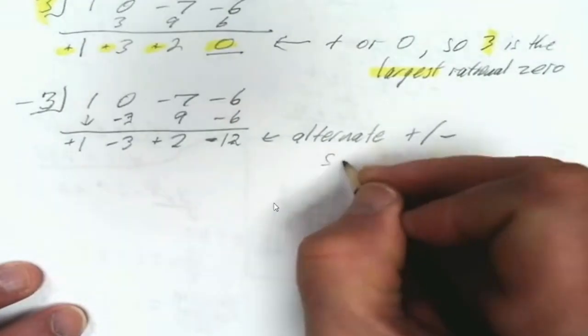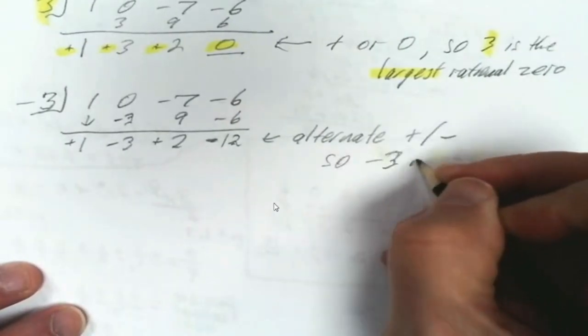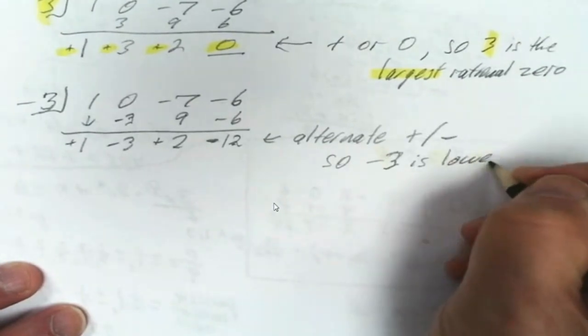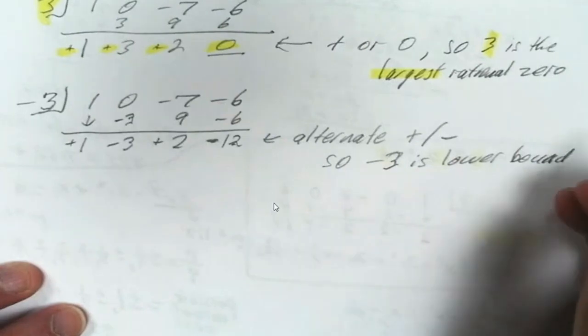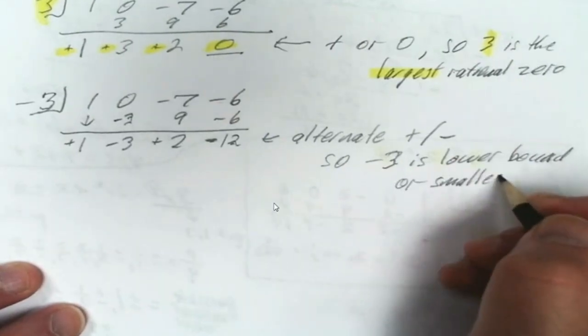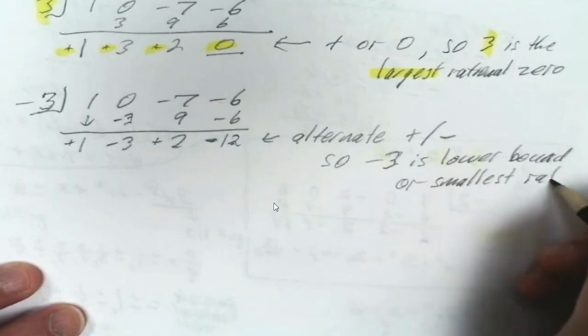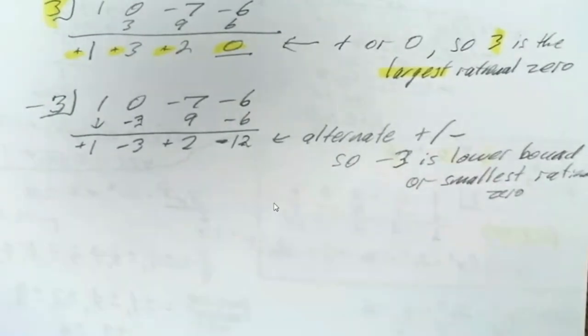Alternate. So -3 is a lower bound, the lower bound or smallest rational zero. There's no need to check -6. -6 is now ruled off the list.